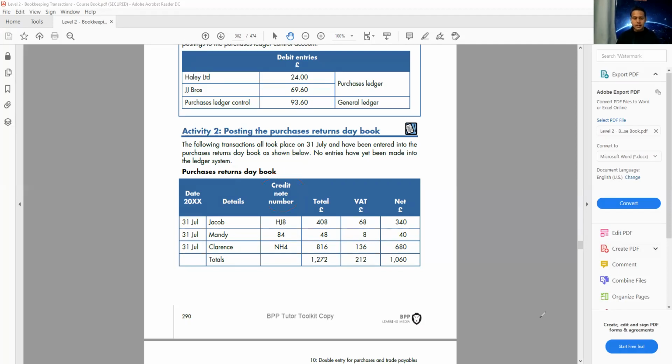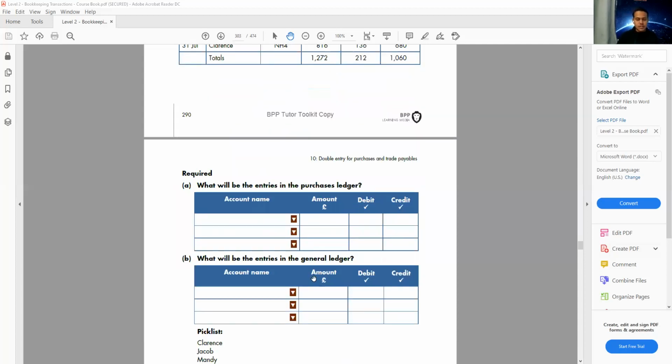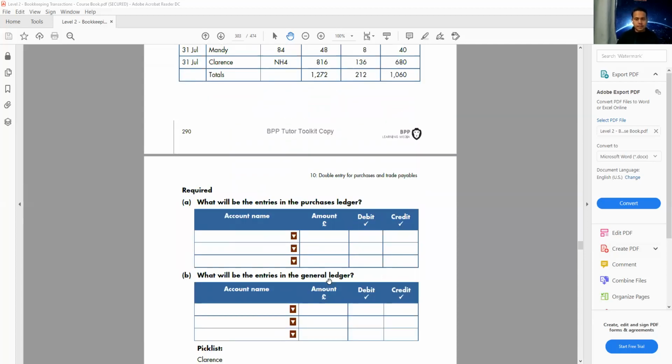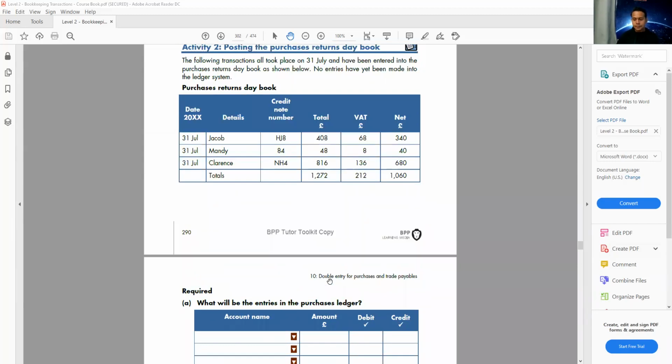How much are you returning? That's my purchase ledger and the general ledger. We need to write down all the information here. So let's write Jacob: 408 is the total, VAT is 68 and net is 340. Mandy is 48 total, VAT is £8 and net is £40.